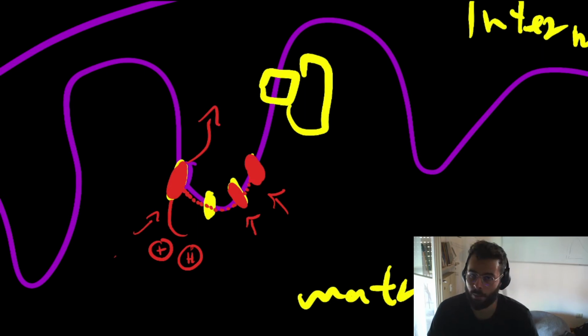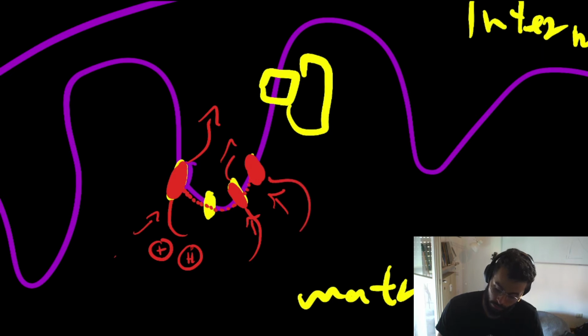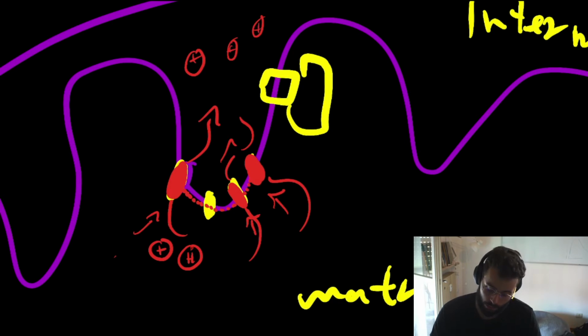to the intermembrane space. And we are going to generate something called an electrochemical gradient, because we are moving the protons against the concentration gradient. And what we are going to get is an accumulation of positively charged protons on one side, compared to the low concentration of protons in the matrix itself.